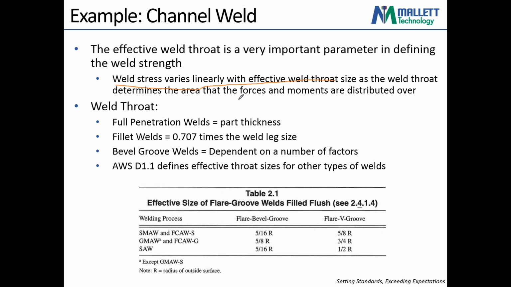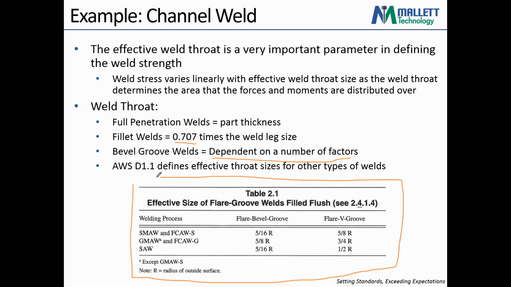So from a weld throat perspective, for full penetration welds, it's equal to the full penetration part thickness, right? They're going to be the same size. Fillet welds are typically 0.707 times the weld leg size. Bevel groove welds, right? This is dependent on a number of factors. AWS defines this nicely for us.